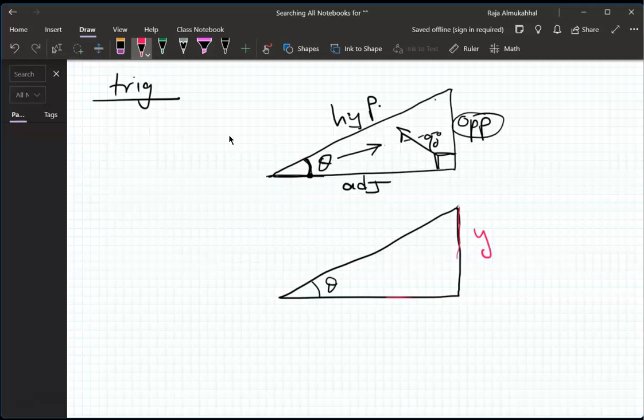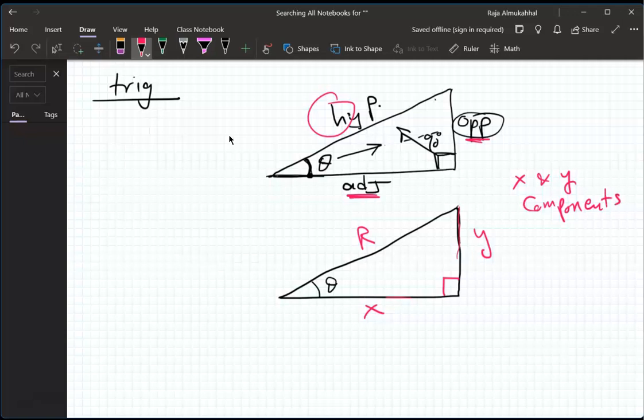This leg is horizontal, we're going to call it x, okay? And we can call this r for resultant vector or whatever you want. We can call it h if you want, for hypotenuse and so on. But that's basically how we define them, x and y components. So the opposite and the adjacent, we give them a name of x and y components.